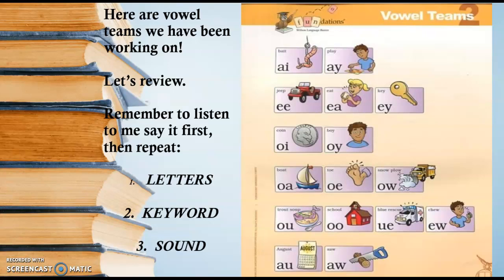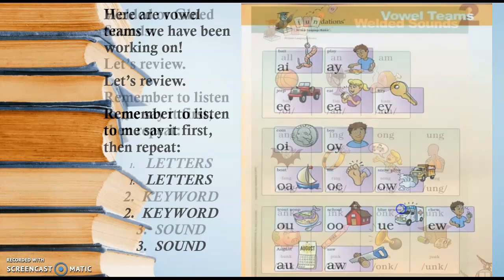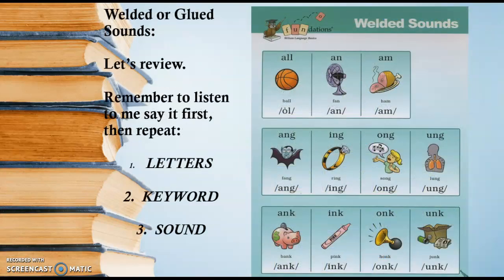All right, next one. OO, school, ooh. Here's another with two. UE, blue, ooh. And then UE, rescue, you. Oh, I guess we're skipping. Now let's go back.